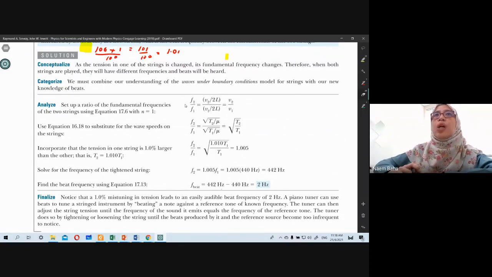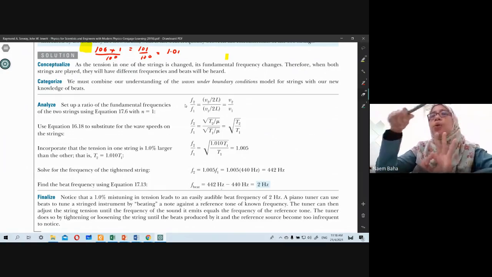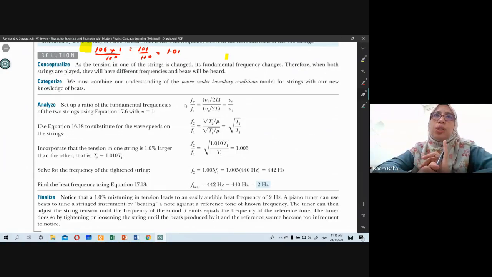You can use it to get mu, to get the tension, but you will find yourself stuck because you have 3 unknowns. You are unsure whether to use the speed of the string, the length of the string. They have the same mu coefficient, linear mass density.